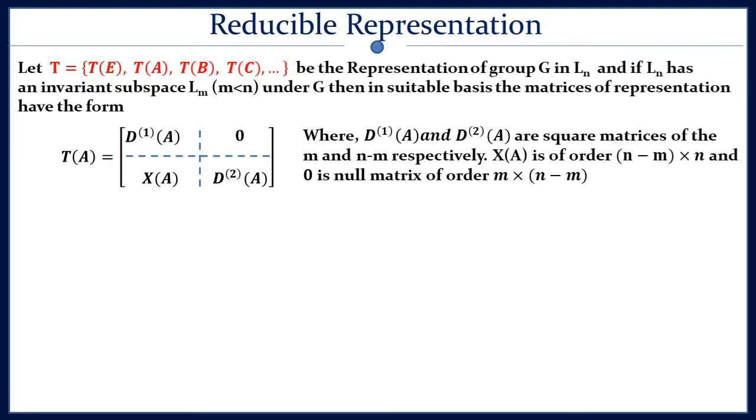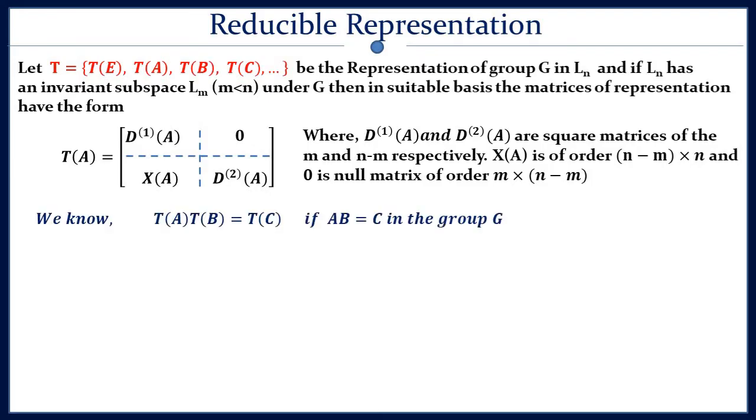Here d1a and d2a are square matrices of order m and n minus m respectively. Xa is a matrix of order n minus m cross m, and 0 is the null matrix of order m cross n minus m.